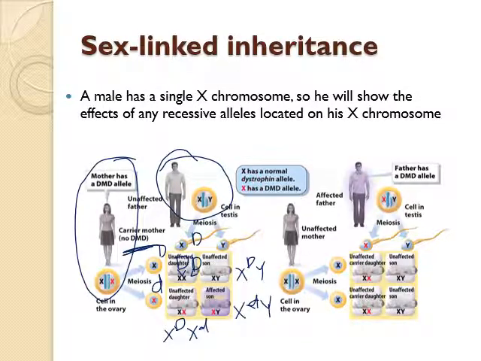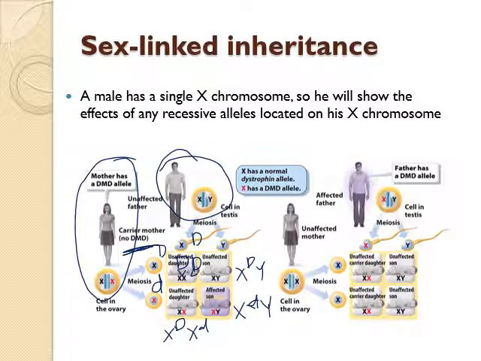Okay, and this is where sex-linked can get a little bit complicated, because now we can look at our offspring and say, okay, we've got a 75% chance of having an unaffected child and a 25% chance of having an affected child. But if you want to get even more specific, what's the probability of having a daughter that is affected?